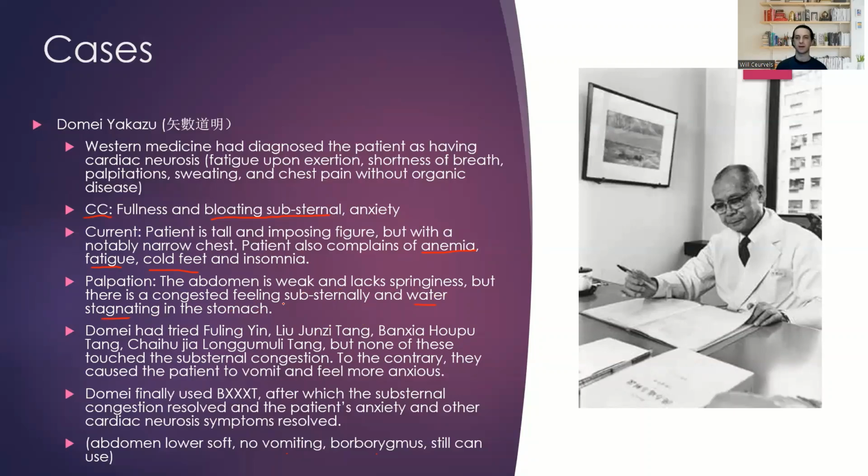That's why you need that gancao, ganjiang, and renshen in the formula. But then at the same time, you have that congestion substernally, which requires that what they call xingkai kujiang, that acrid opening and that bitter descending aspect of Banxia and then Huanglian, Huangqin, right? So that's some things to note on this formula.